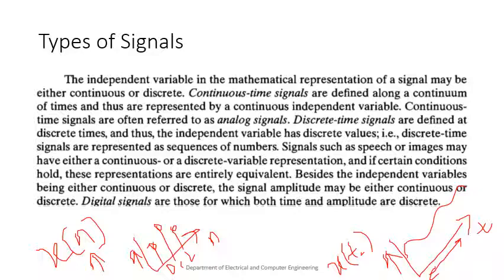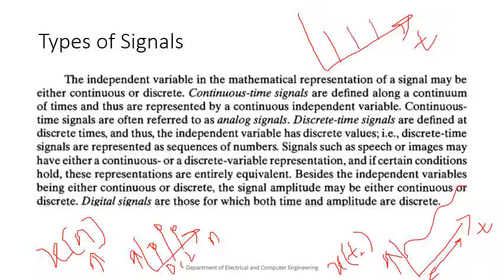Now, talking about the last signal, there is the digital signal. Digital signals are those for which both time and amplitude are discrete. So this time is going to be discrete.